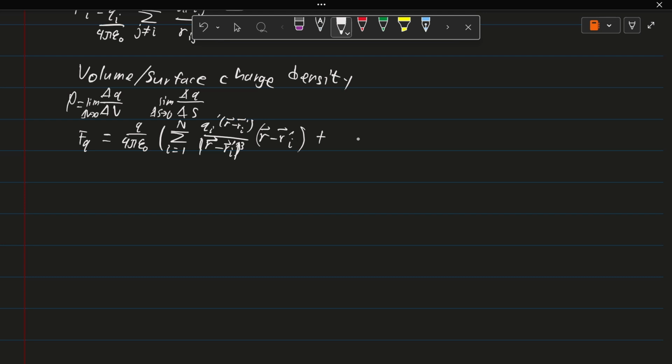Then we'll be considering the surface, which will be the integral instead of the summation, because summations and integrals are the same thing. If you substitute the definition, it would be r vector minus r vector prime over the length of r vector minus r vector prime cubed. Oh, sorry, this shouldn't be there anymore because this is already written.